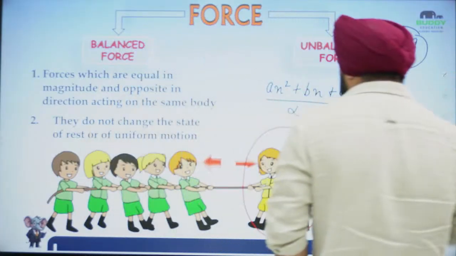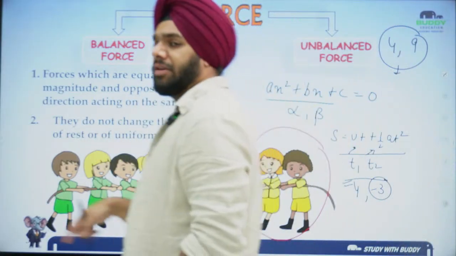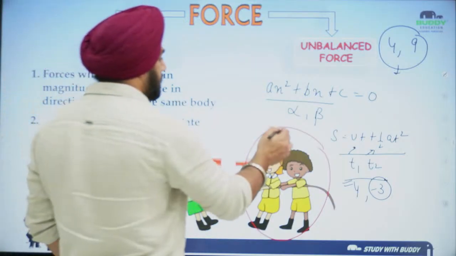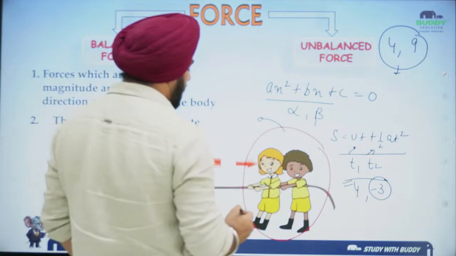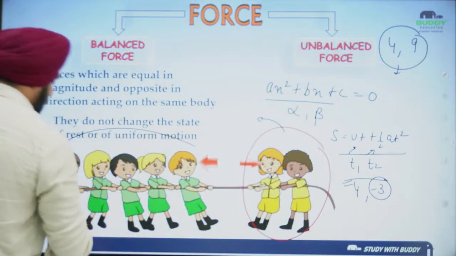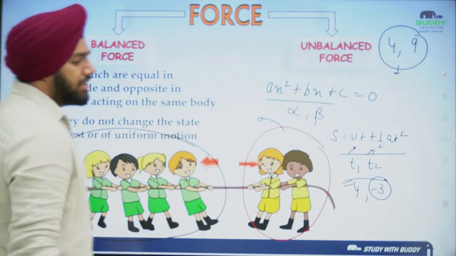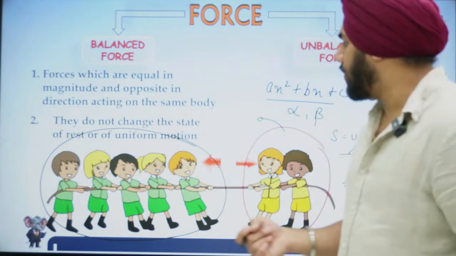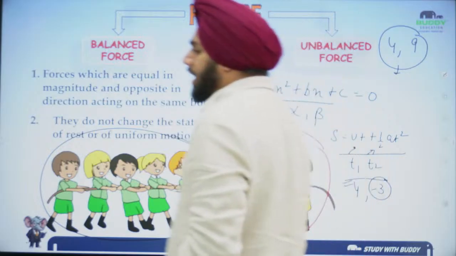I was telling that now the team members have reduced. On the yellow side there are only 2 players, and on the green side there are 5 players. So 5 players are exerting more force as compared to the yellow ones.